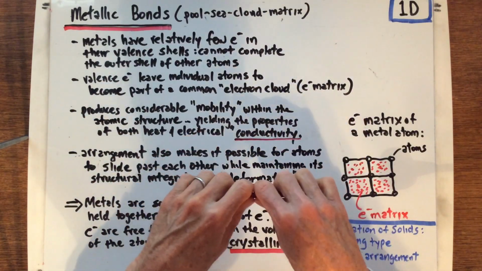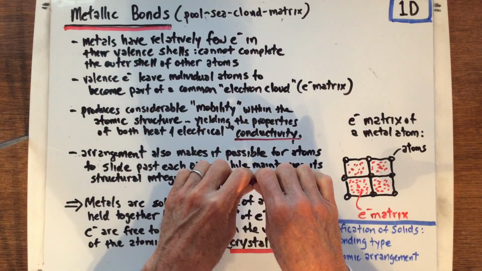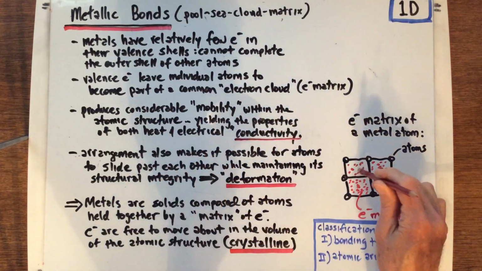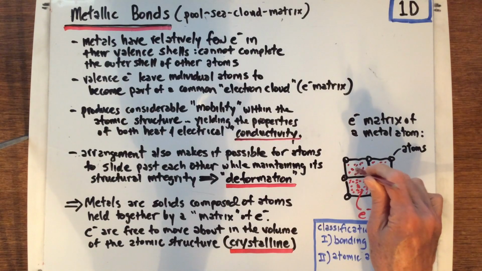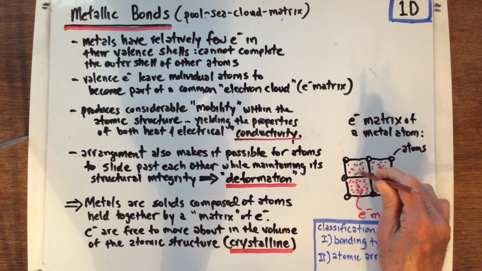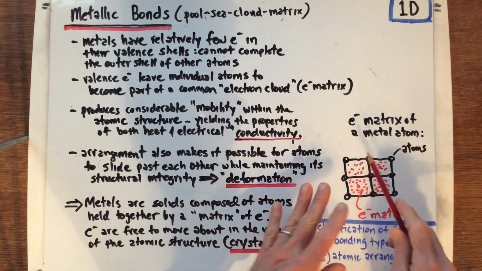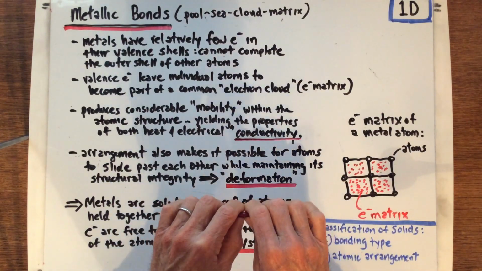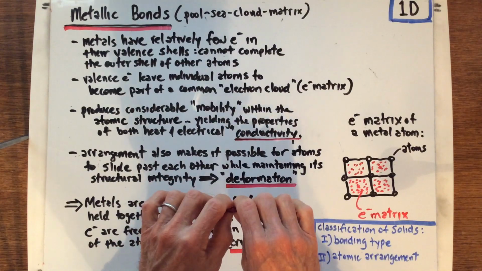Elastic deformation is when you take something and bend it and then let go and it goes back. But again, it's all predicated on this sea or pool or matrix of electrons floating around in the structure of a metal. Or you have plastic deformation where you bend it far enough and then it stays put.